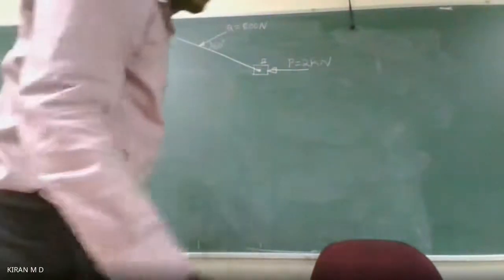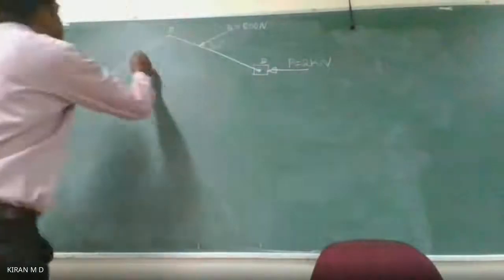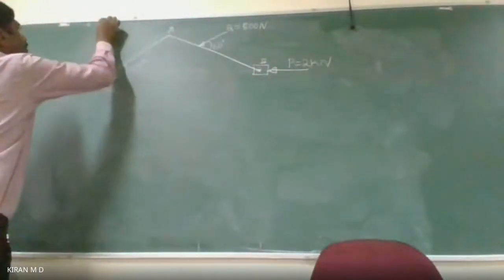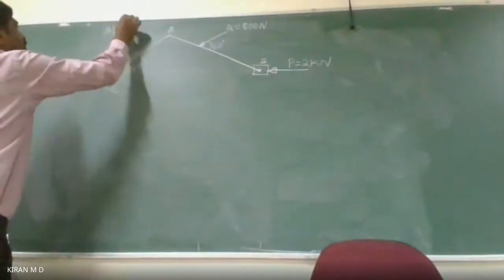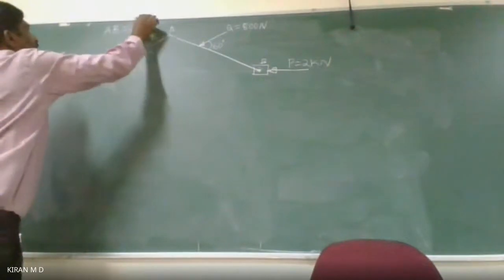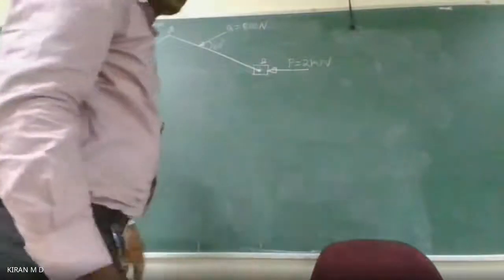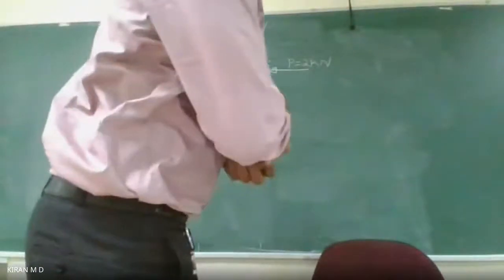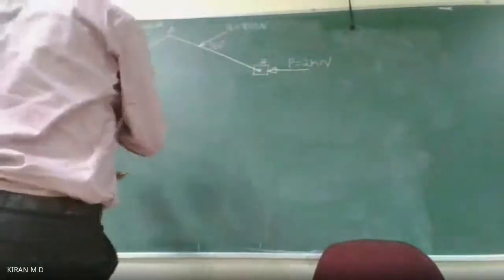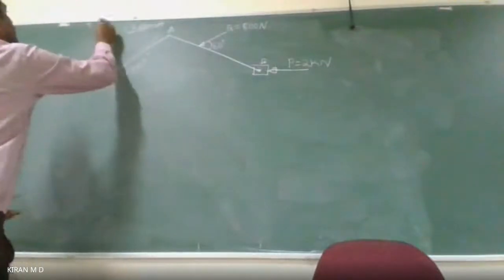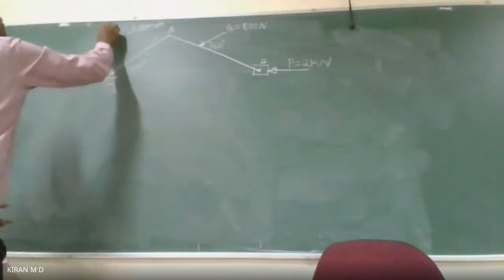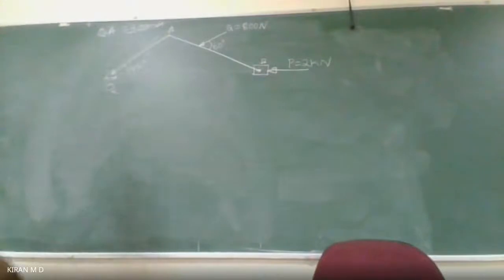So here this length is O to A. O to A is 300 mm.